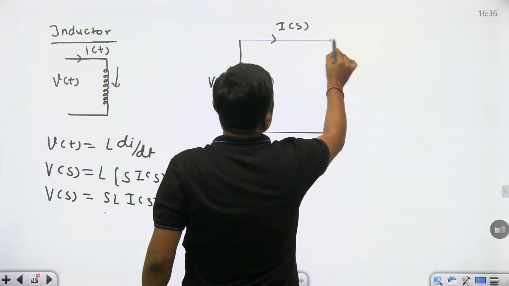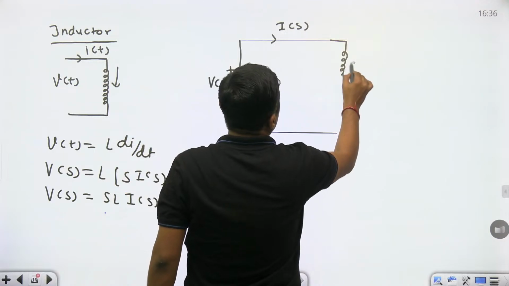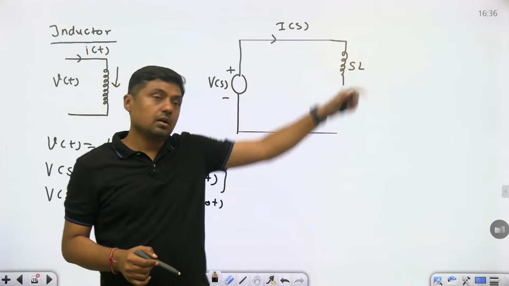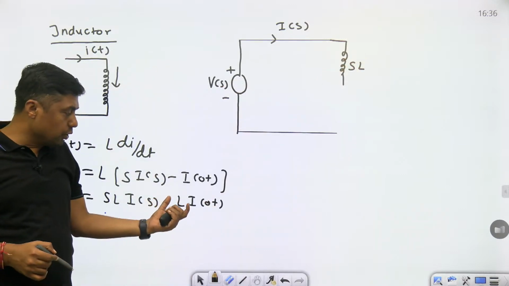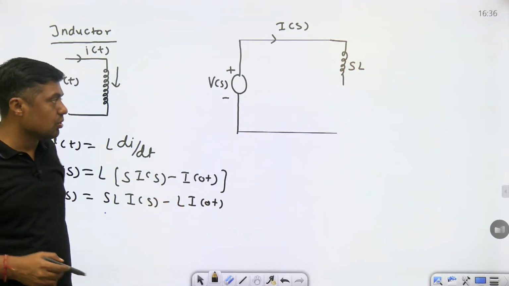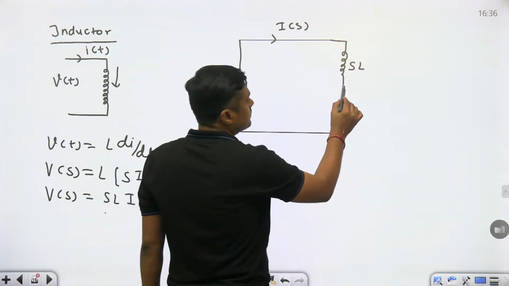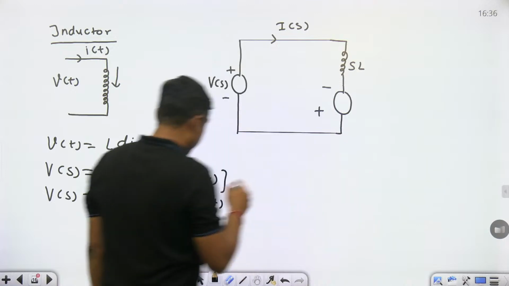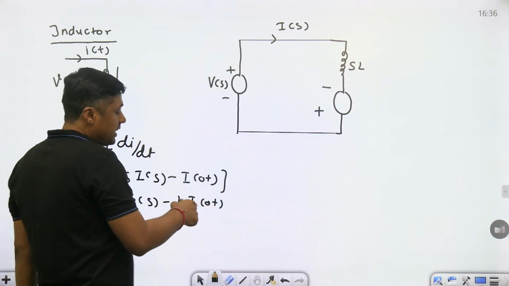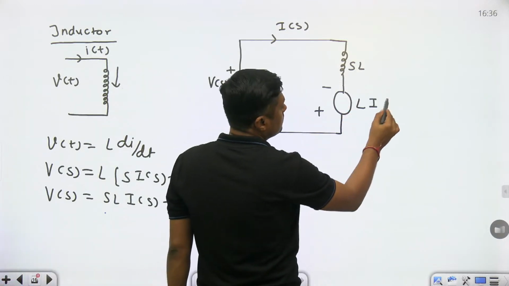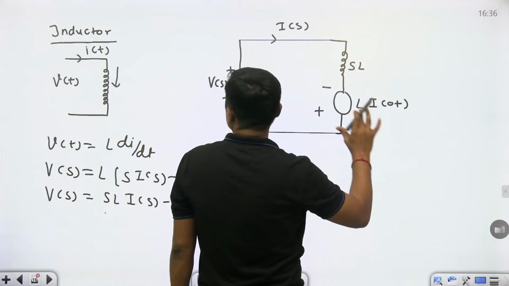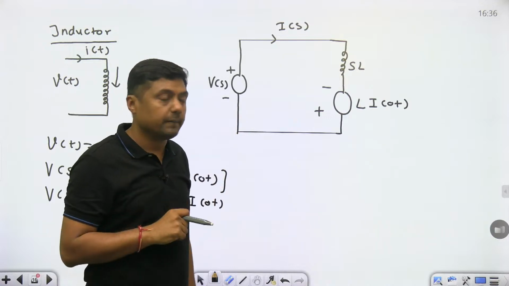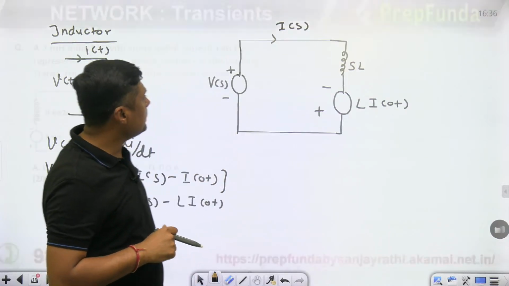SL is the impedance because of the inductor. When I(s) is multiplied with SL, there is a drop of SL. And now it is a voltage source, with minus and plus polarity because there is a negative sign, and this is L I0 positive. That is the representation in the frequency domain. Now what is given in the question?